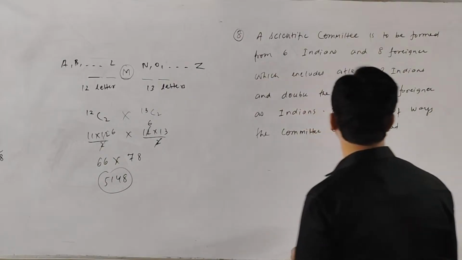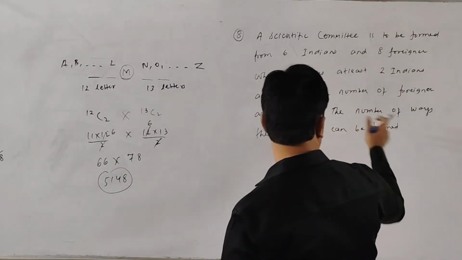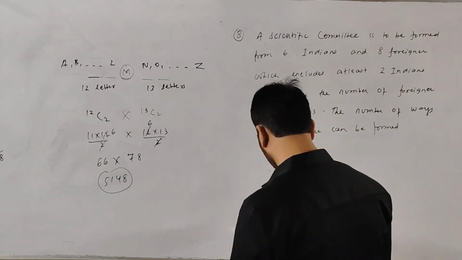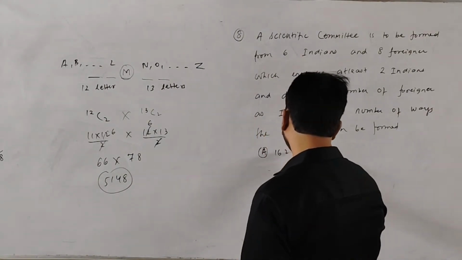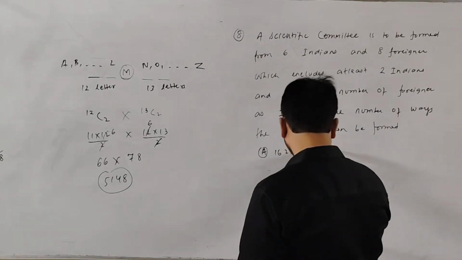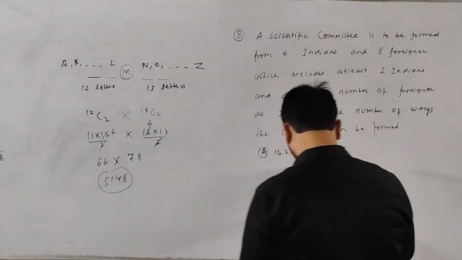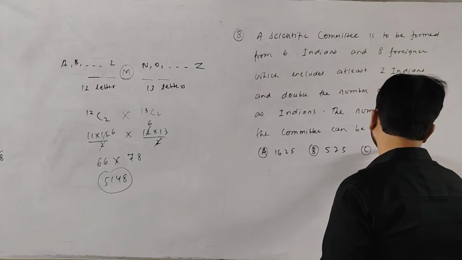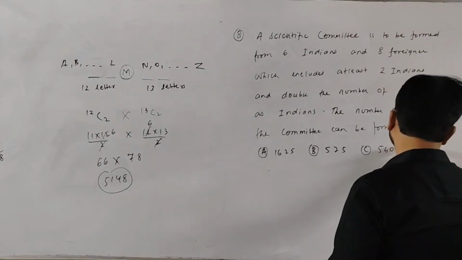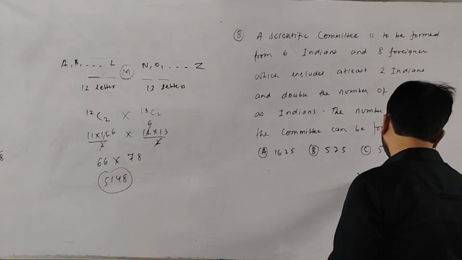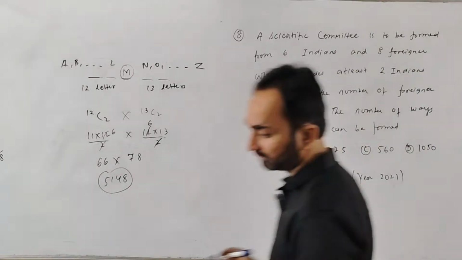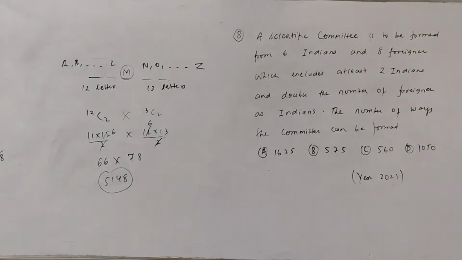So minimum 2 Indians to start with. The number of ways the committee can be formed is option A 1625, option B 575, C is 560, and D is 1050. This is from the year 2021. Okay, let's try.